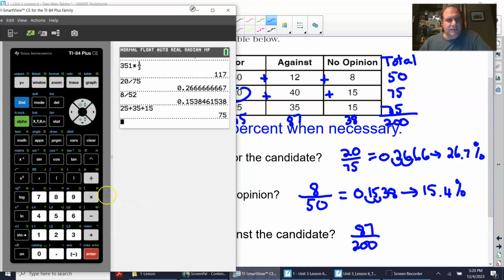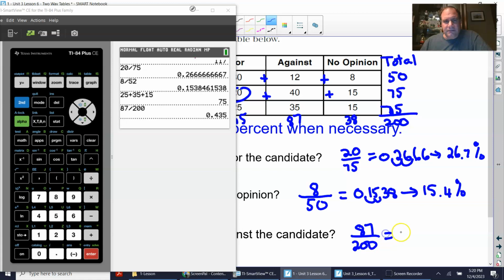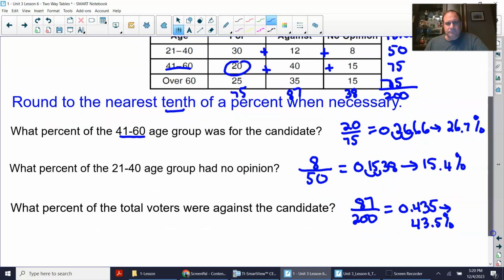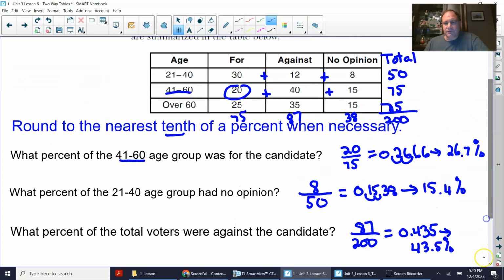So I'm just going to take this calculator, 87 divided by 200. And you get 0.435, and that looks like 43.5%. Round to the nearest tenth. And that's it.